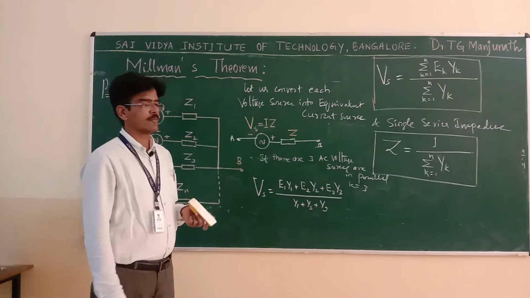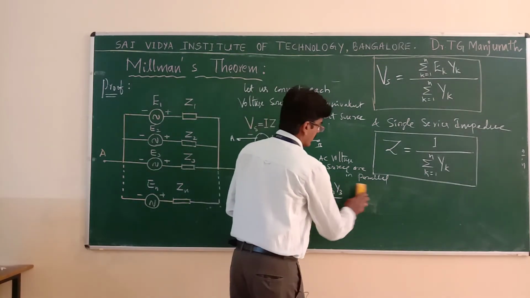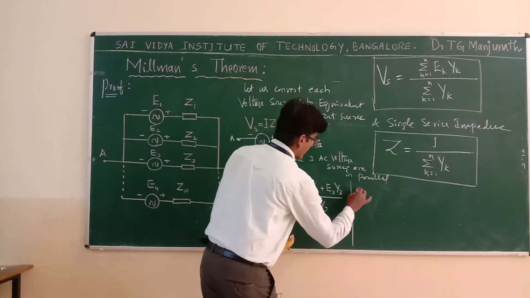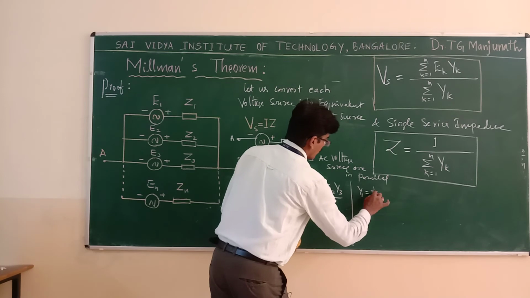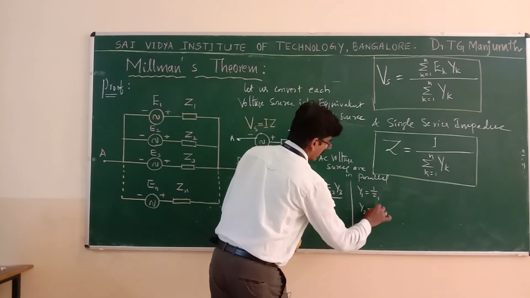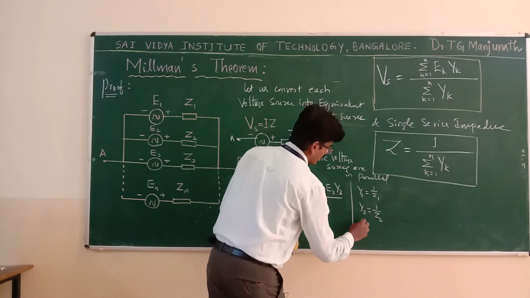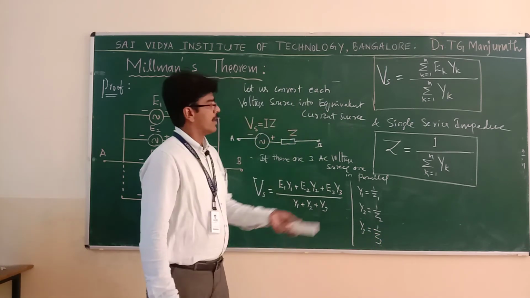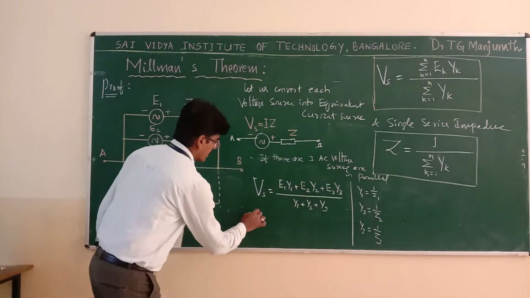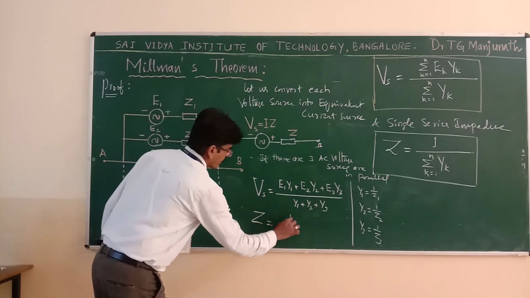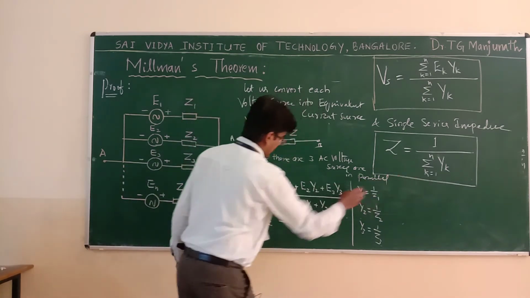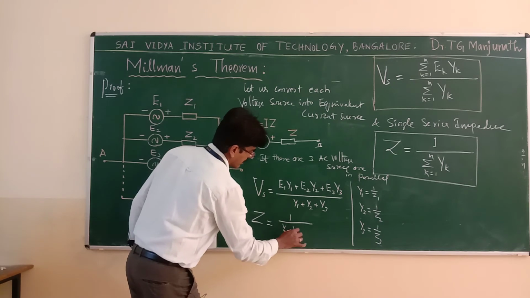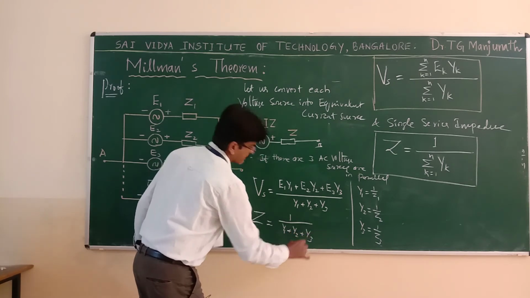That's all. It is so simple. What is Y here? Y1 is equal to 1 by Z1, Y2 is equal to 1 by Z2, and Y3 is equal to 1 by Z3. And what is the impedance value? Z is equal to 1 divided by Y1 plus Y2 plus Y3.